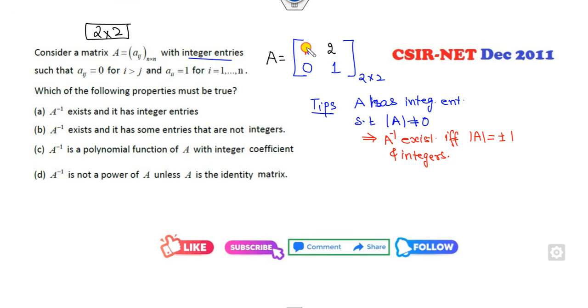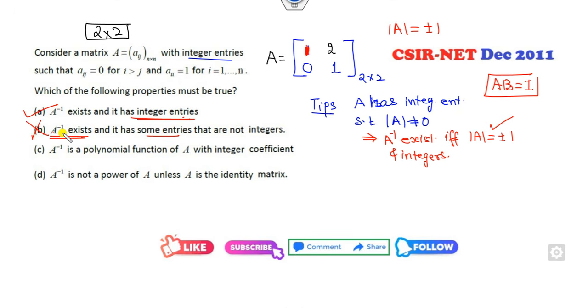Now it is given that the diagonal entries are 1. That means the determinant is plus or minus 1. Therefore A inverse exists, that means AB is equal to I, that is, B is the inverse of A. So A inverse exists and the entries are integers. The statement that A inverse exists and some entries are not integers is false.